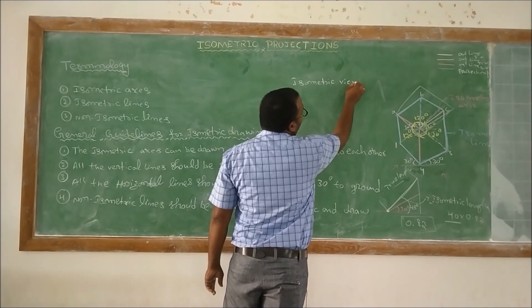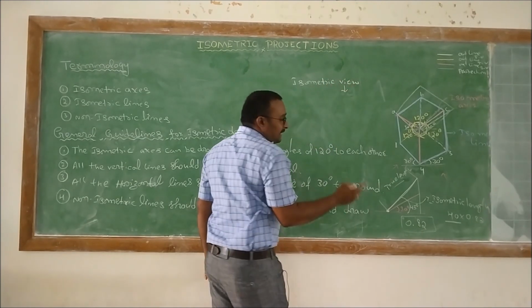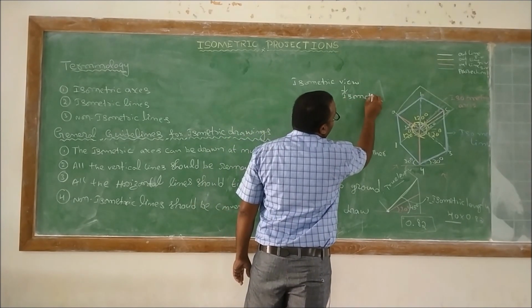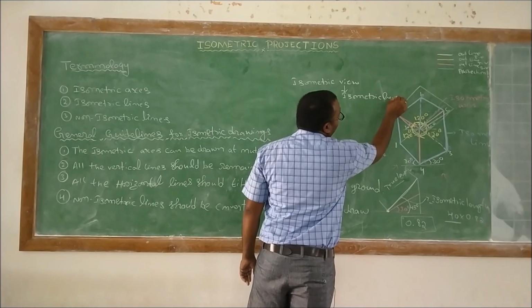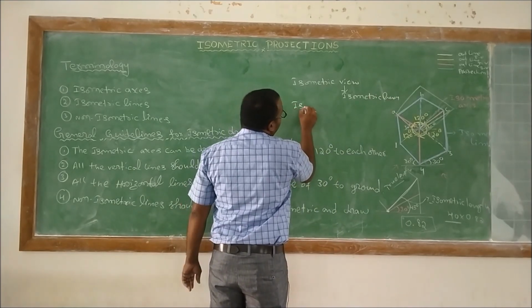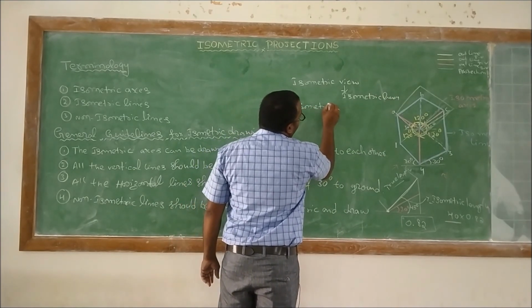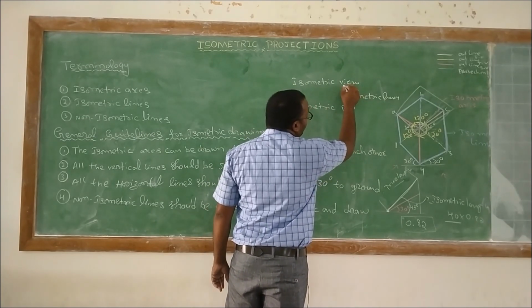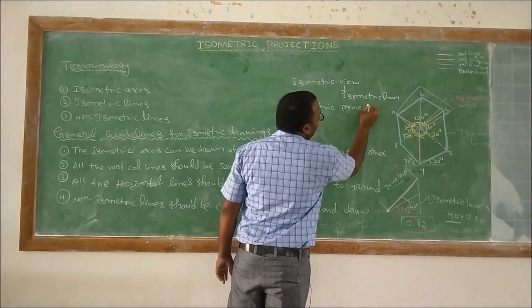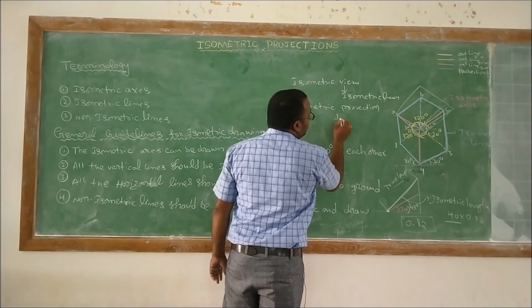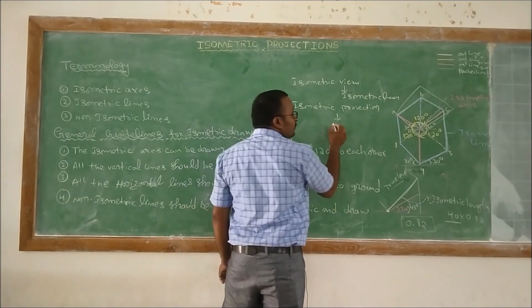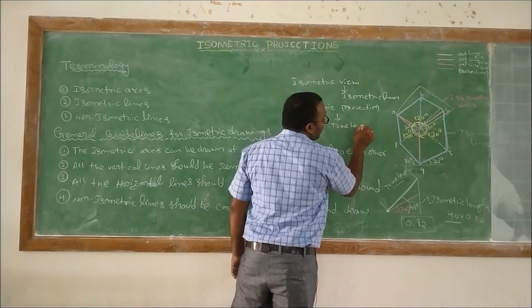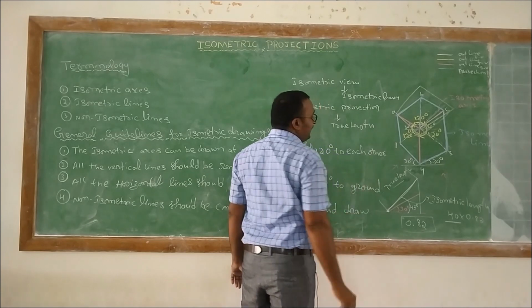The isometric view differs from the isometric projection, whereas in the case of isometric projection we should use true lengths of the line.